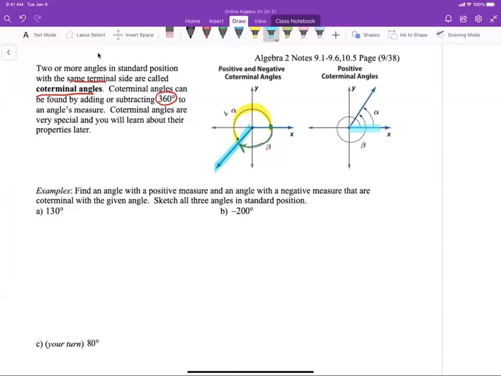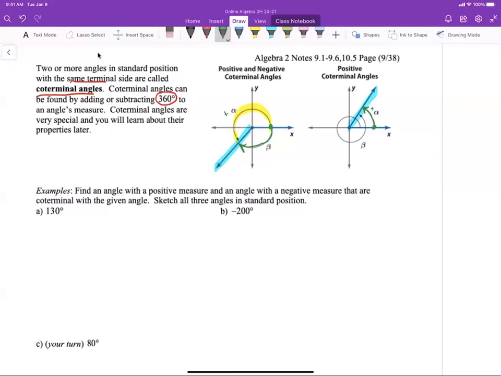I start again at the positive x-axis and go counterclockwise, so in the positive direction. And now I've stopped at this terminal end right here. And that would be some positive alpha right there. There's my positive alpha.